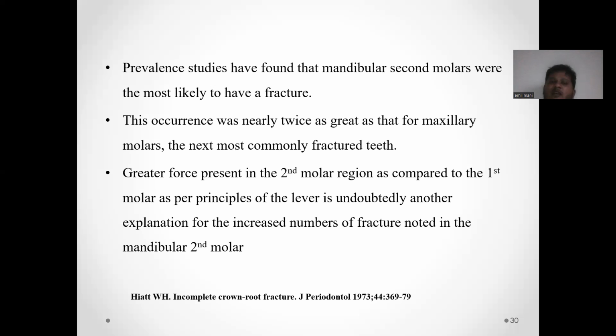This occurrence was nearly twice as great as that of maxillary molars, the next most commonly fractured teeth. The greater force present in the second molar region as compared to the first molar, as per the principles of leverage, is undoubtedly another explanation for the increased number of fractures noted in the mandibular second molar.